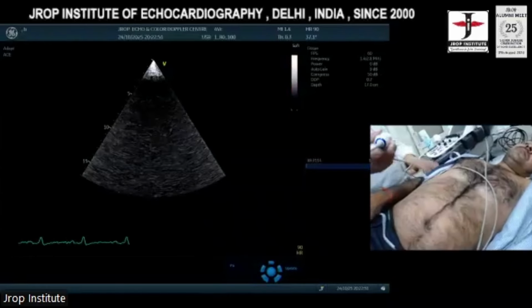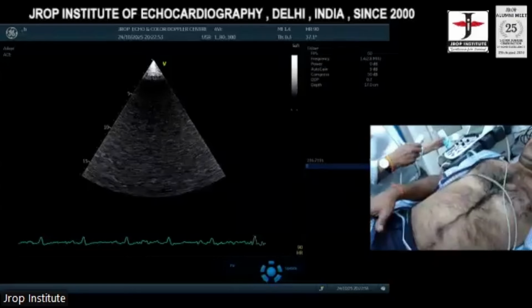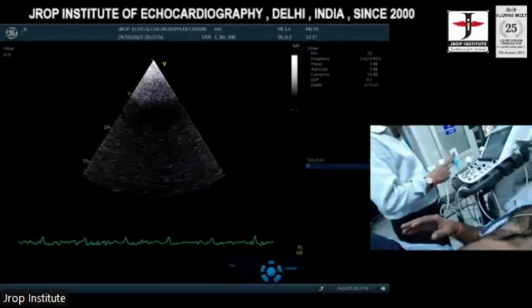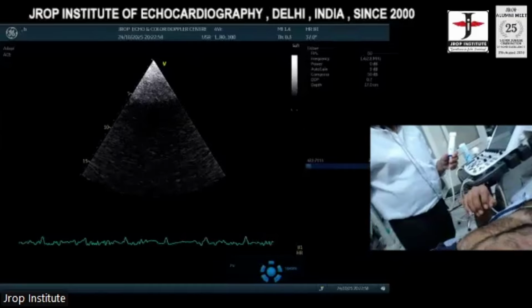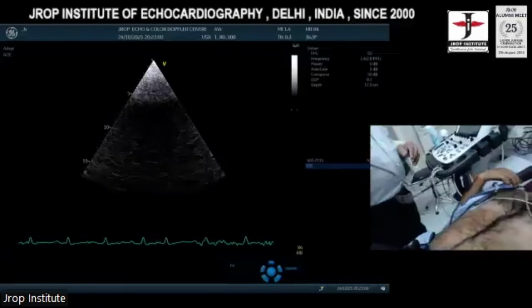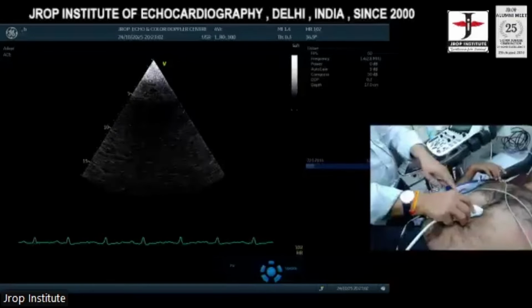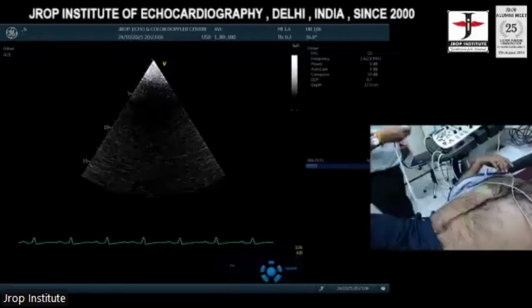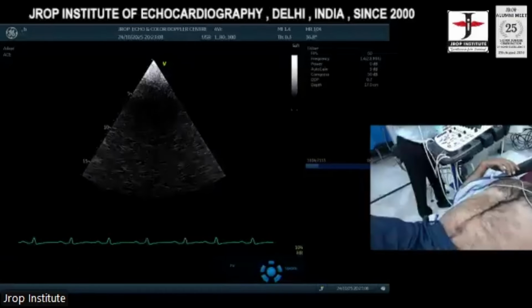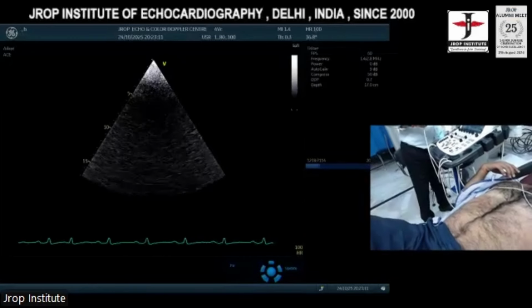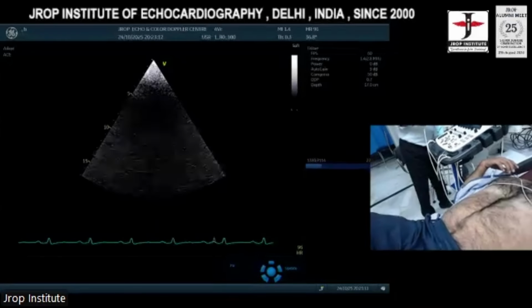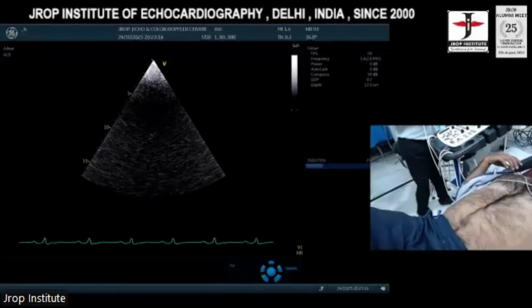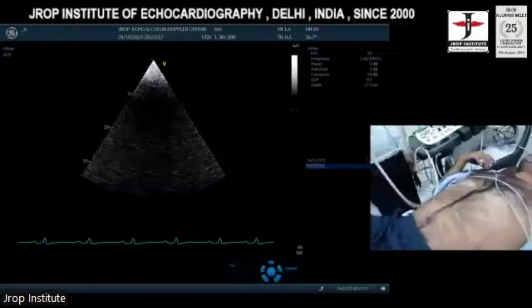Third view is, let him lie down flat on his back, with legs folded. Suprasternal window, subcostal window, 3 o'clock position. Subcostal window, 3 o'clock position.